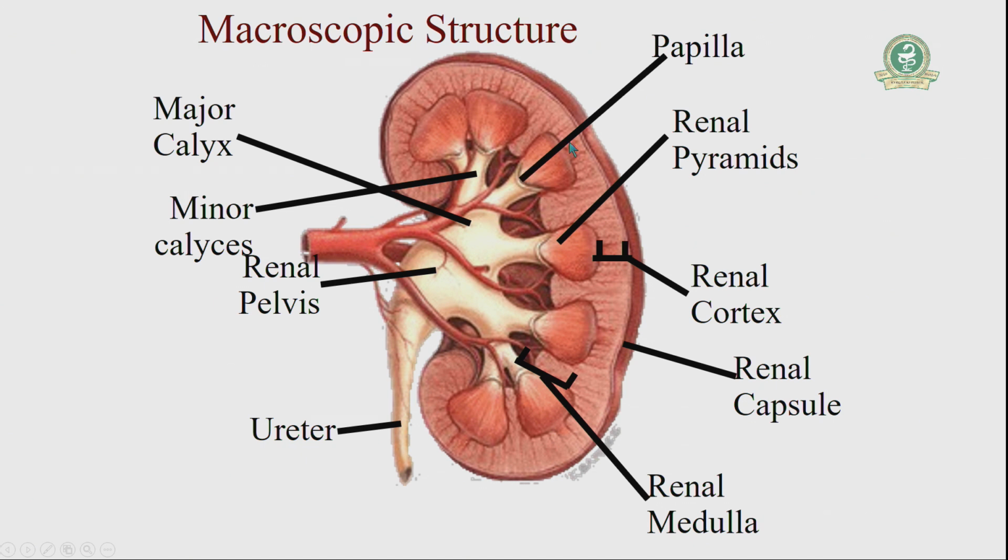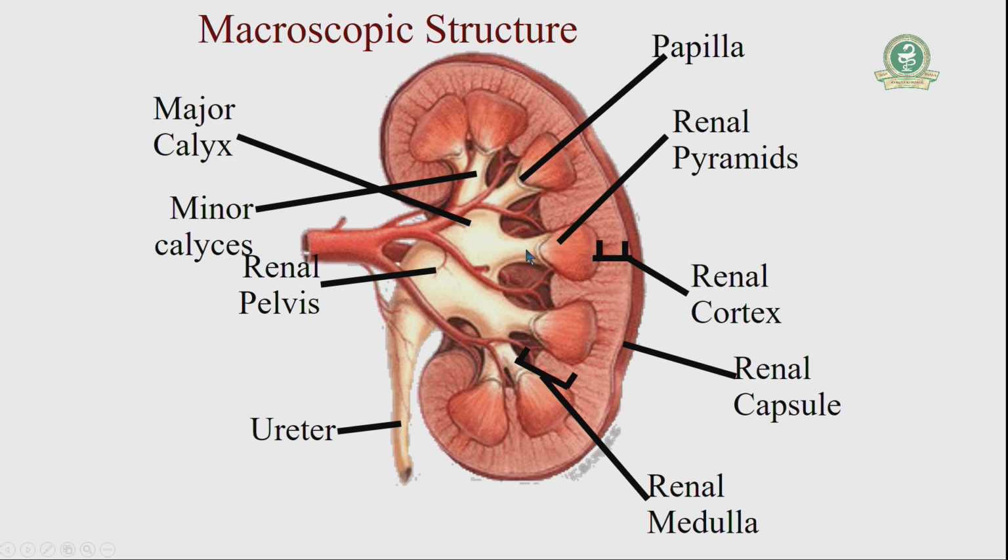And we can see the papilla of the kidney and the renal pyramids. This part is the renal cortex, this part is the renal medulla. The renal medulla consists of renal pyramids.